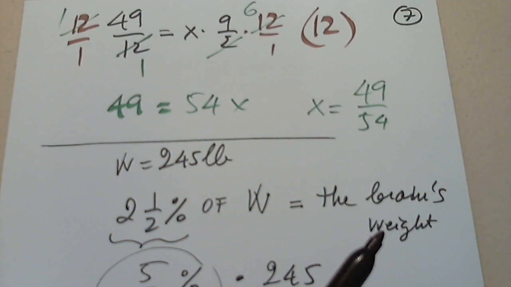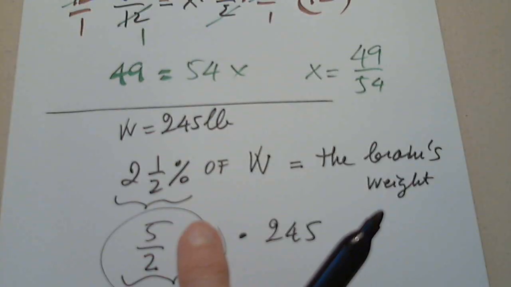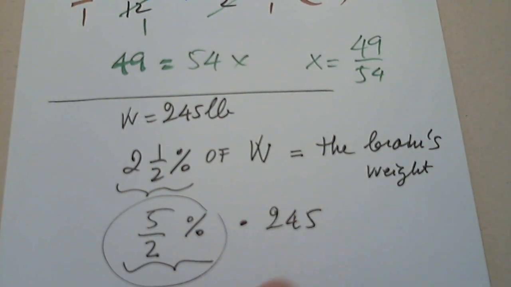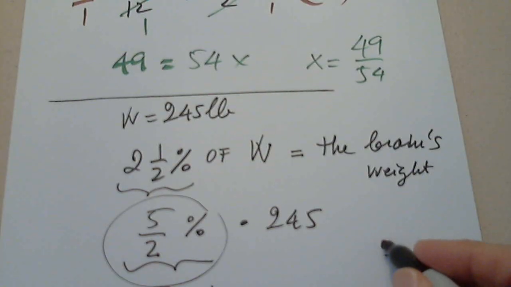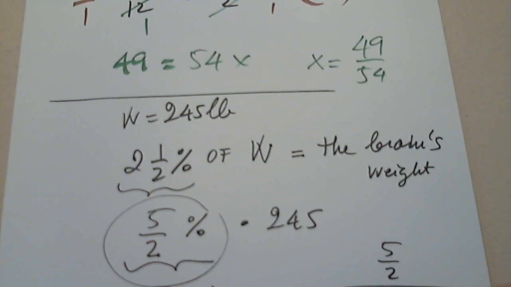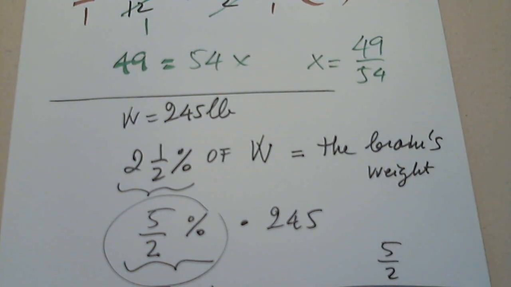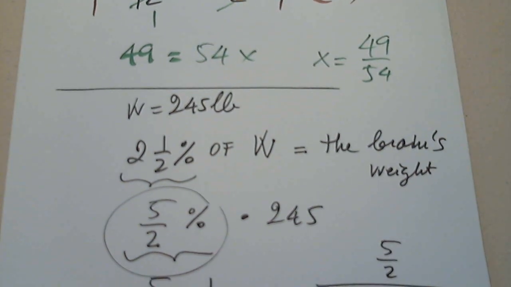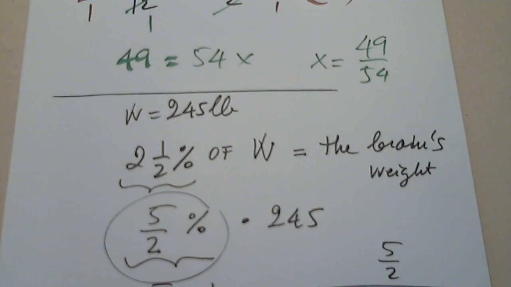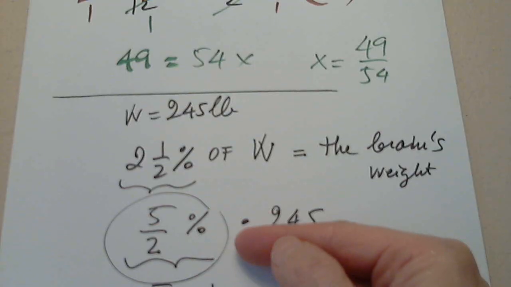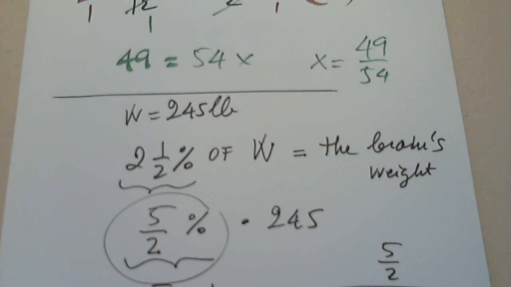So I have to divide by 100. Careful. When we divide by 100, if you remember, it is like multiplying by 1 over 100. So instead of writing 5/2 over 100, because we have to flip it anyway, we prefer to write this from the beginning. Division by 100 is basically multiplication by 1 over 100.